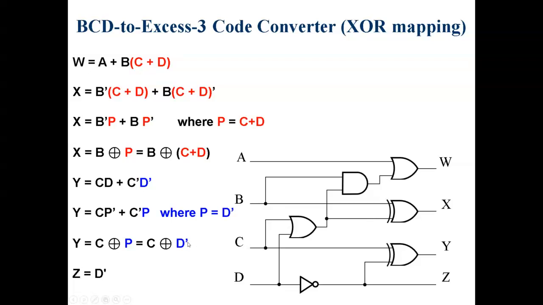C plus D is another common term. So in this approach, we are using a mix of the logic sharing and the mixed gate approach with the common terms. Any question?